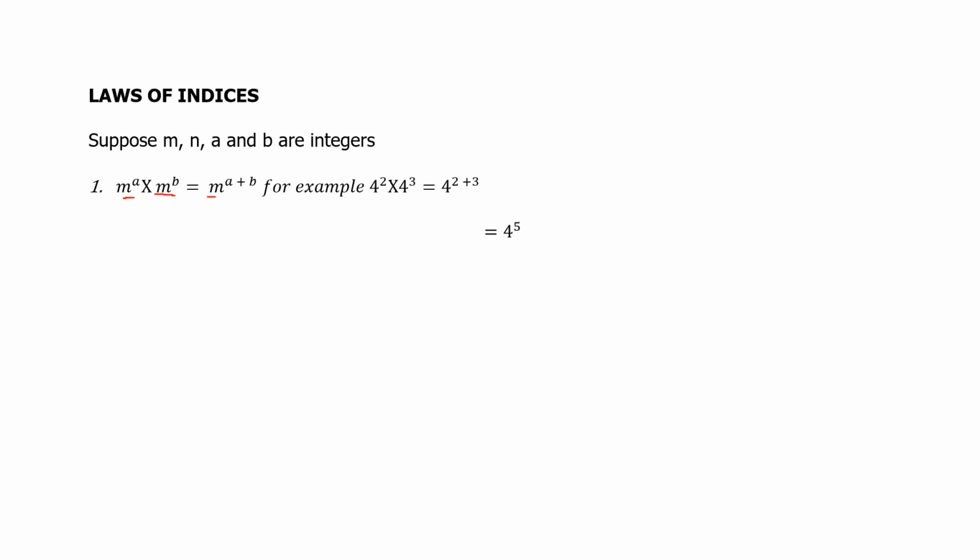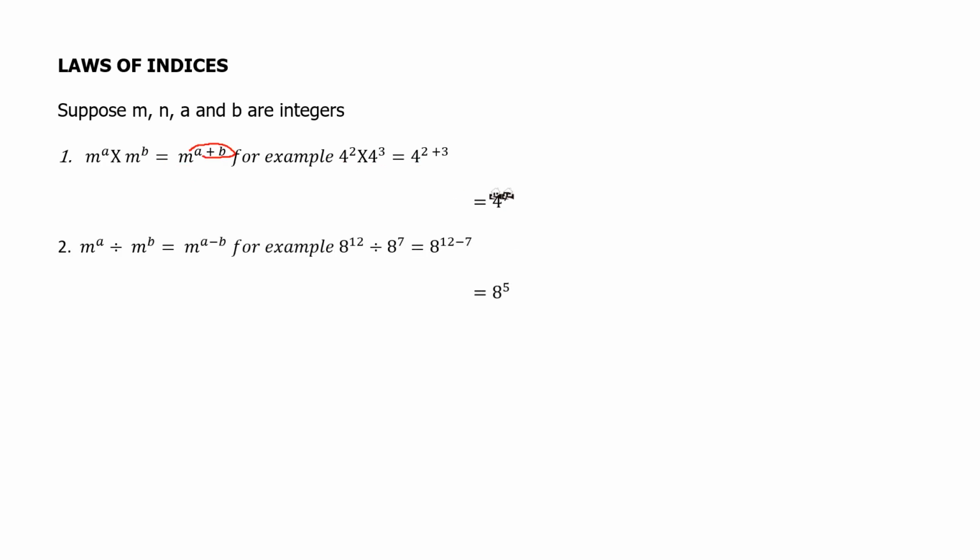We keep that base, then we add the powers. For example, if I have 4 squared times 4 power 3, I write my base as 4, then I add the 2 to 3 to have 4 power 5.